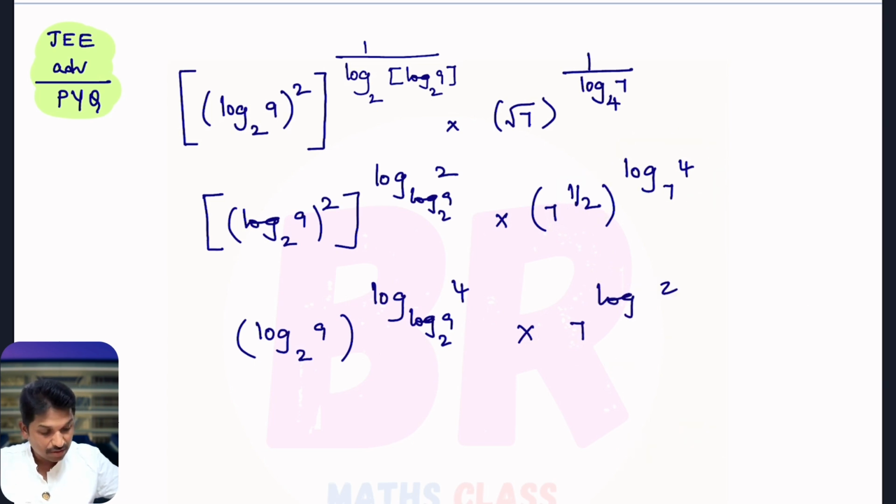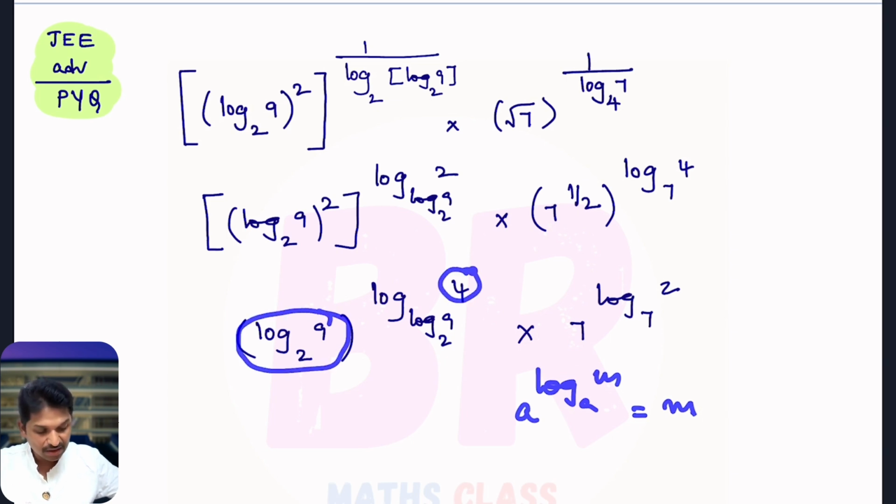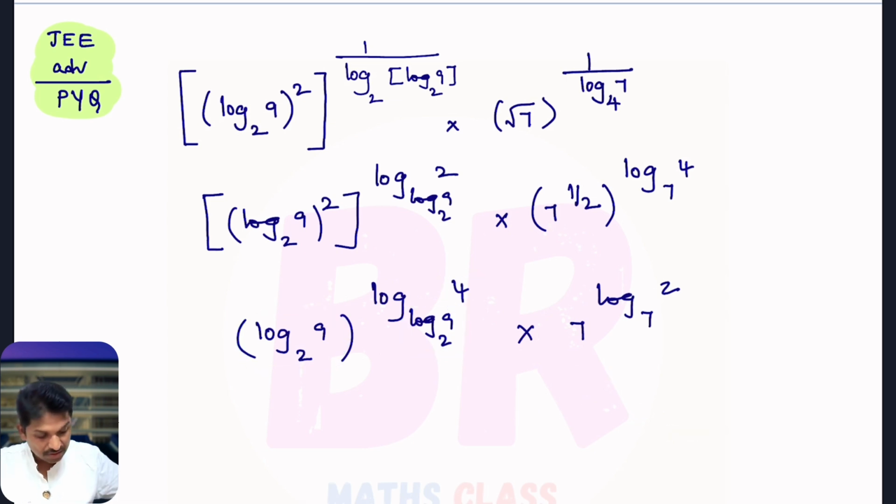7 power log 2 base 7. You know this wonderful formula: a power log m base a equal to m. See, this is a. So what is this answer? This answer is 4. So this part is 4 into, apply the same formula, a power log m base a, 2, right?